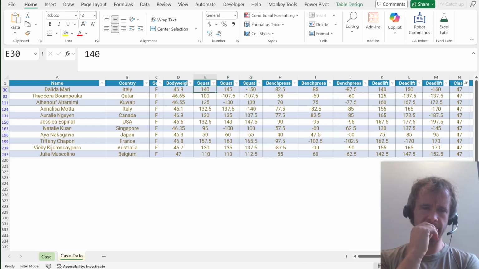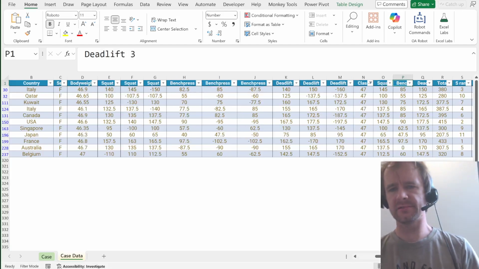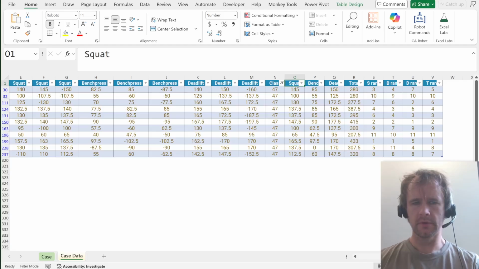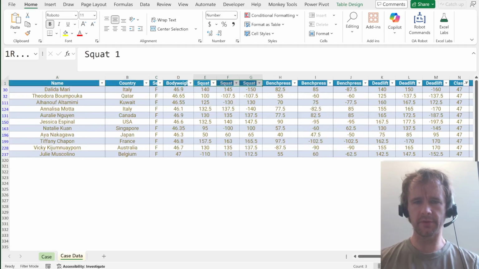How am I going to do that? Oh, and also, yeah, this. I might just make this SQ and this be BN and this be DD, because then I'll only have the legitimate ones starting with the word squat or bench press or deadlift.